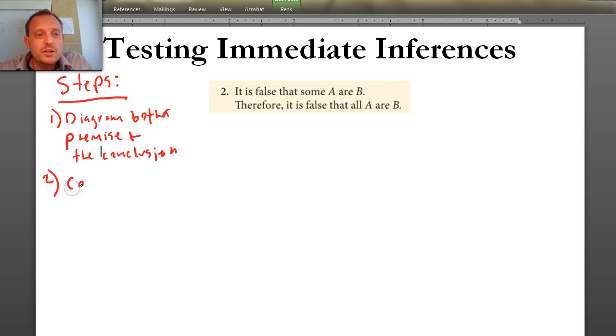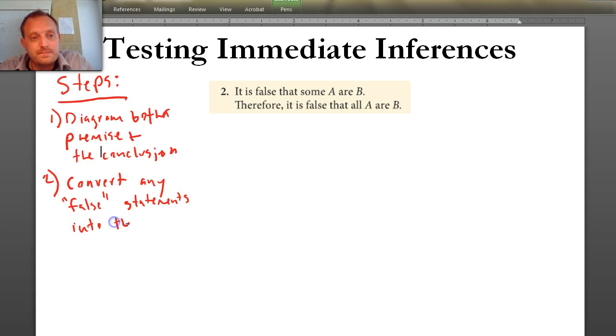So let's put here, the second step here is convert any false statements into their contradictory form. And let me see if I can explain that, okay?